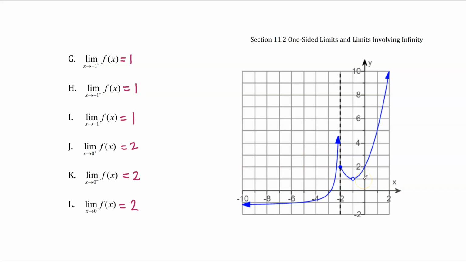So when we're computing the limit, it is the value which the function is approaching. And so the function need not be defined at that point for the limit of the function to exist at that point.